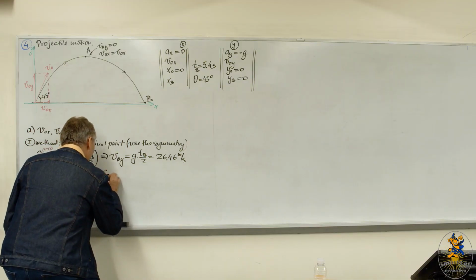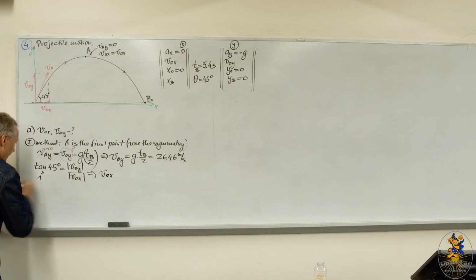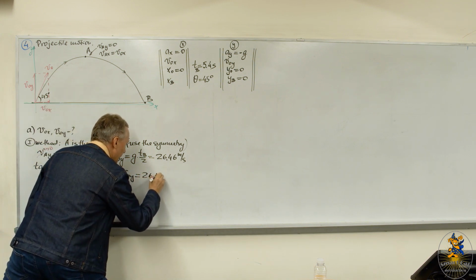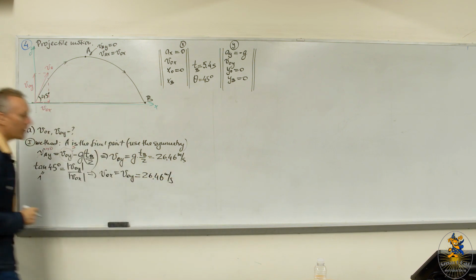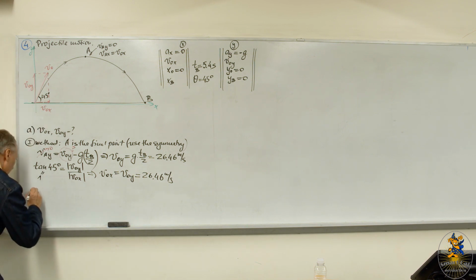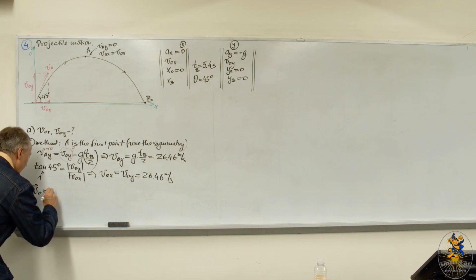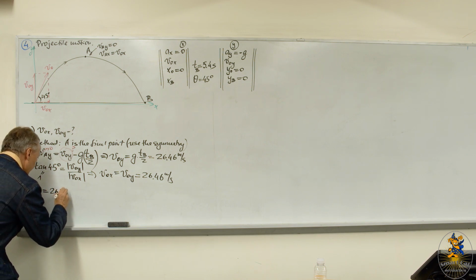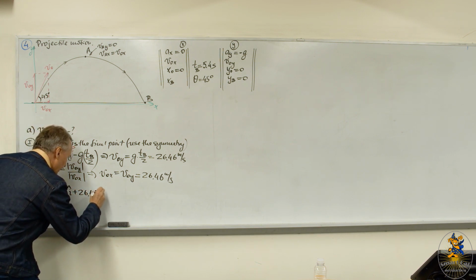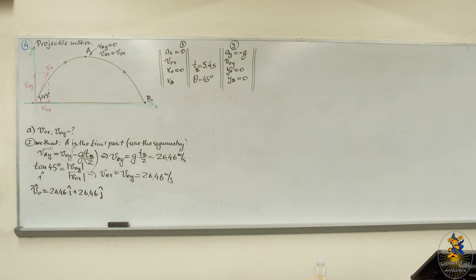So v naught x equals v naught y equals 26.46 meters per second. Okay, so now we can write in vector form v naught equals 26.46 i hat plus 26.46 j hat. Yeah, probably doesn't make sense to keep 4 sig figs, round it to 3 sig figs. It's fine.